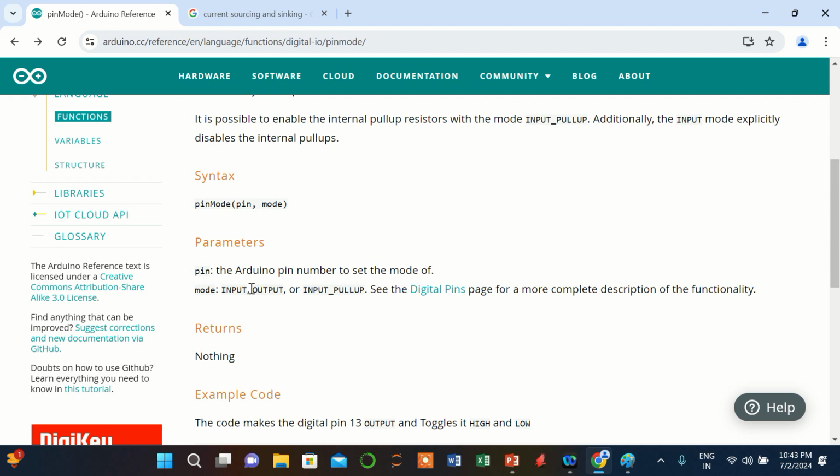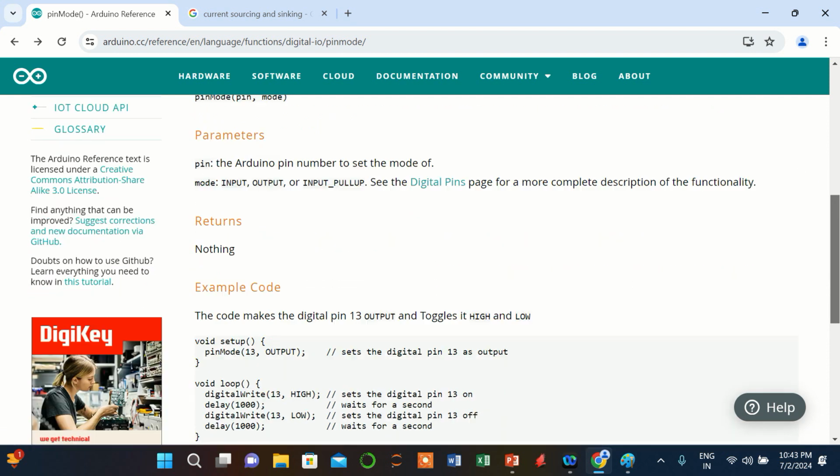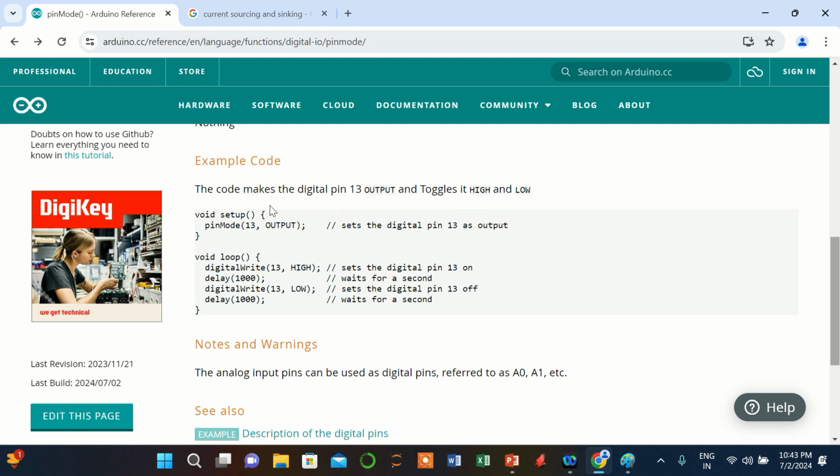What do you mean by input pull up? Input pull up means the amount of current you would like to flow from the supply line to that particular pin through a pull up resistor. If you refer to the digital pins page, you will get more information. So how would you write a program?